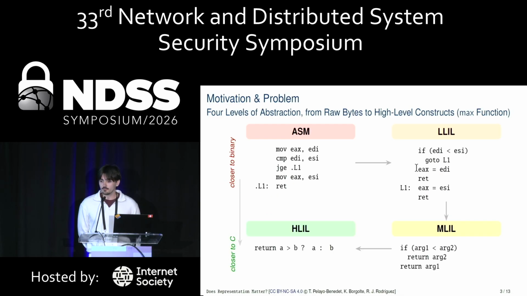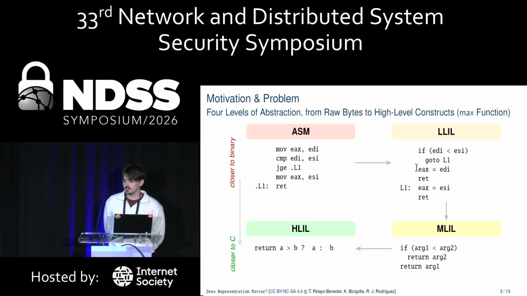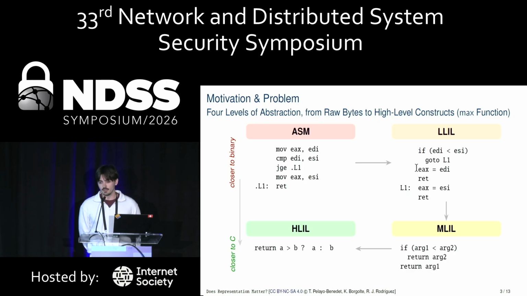Modern decompilers use intermediate representations to enhance their performance. Binary Ninja, which is the tool that we have used in this work, has three hierarchical intermediate representations: the low level, the medium level, and the high level. We can see here a quick example of the max function, in which we can see the assembly, which is not part of Binary Ninja's intermediate representation, and then the low level, the medium level, and the high level.